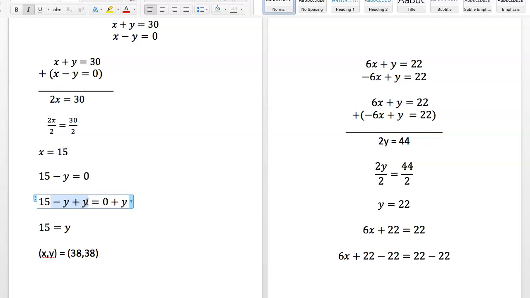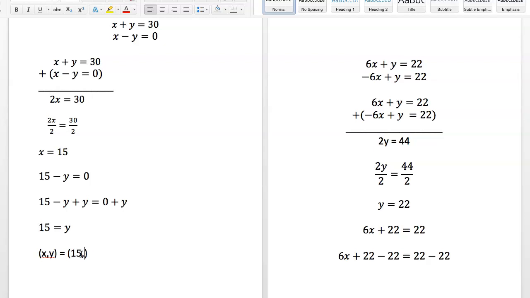That was the whole motive for me doing this. But now the collateral price that I have to pay is I have to do it over here. After all, I want to get my y separate from my 15. And I get 15 equals y. I want to solve for y after all. So y equals 15.